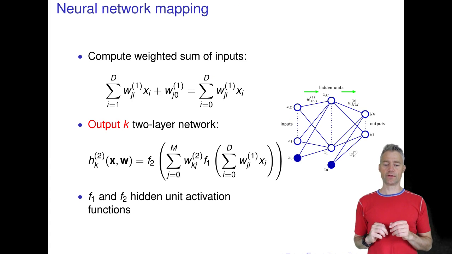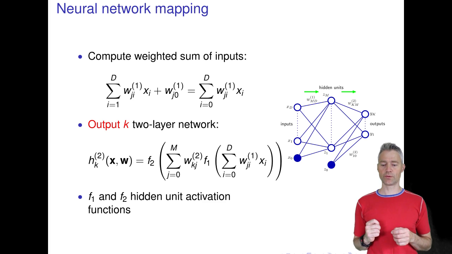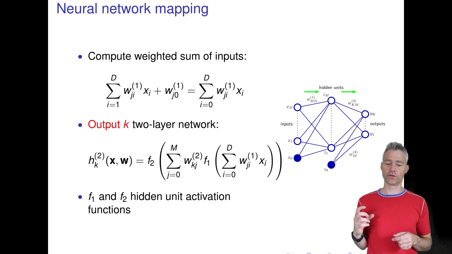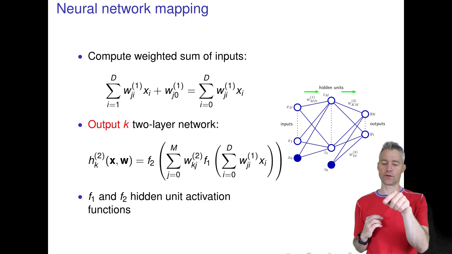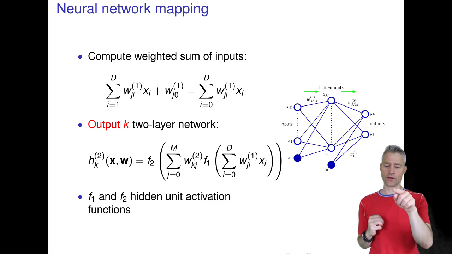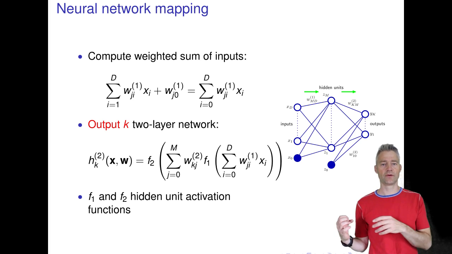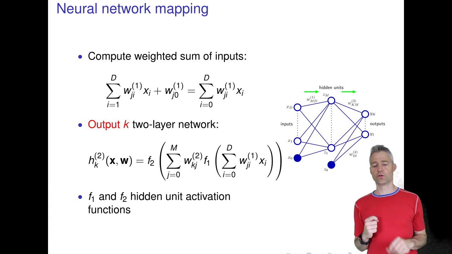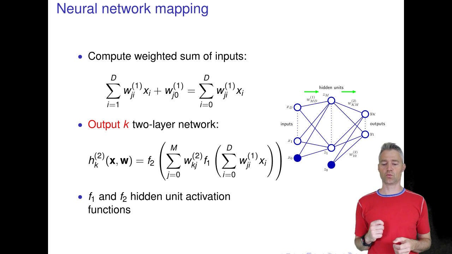So on the next slide I have written out with symbols what I mean here. To compute the input to the jth hidden unit, we have this sum over the weights in the first layer that we multiply with the input, and then we add this 0th component, which is the intercept. We can write this compactly as a summation from the 0th dimension, the bias, to the dth, and always the 0th input is clamped to 1.